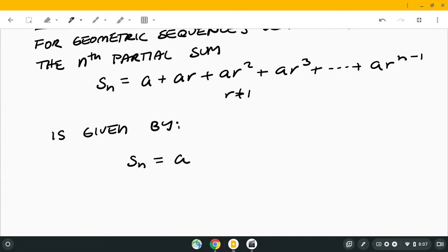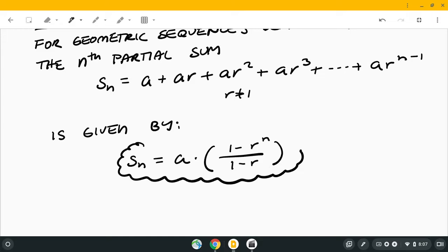It's a, which is the first term, times 1 minus the common ratio to the nth power, all over 1 minus r. So this is a nice partial sum formula for geometric sequences.